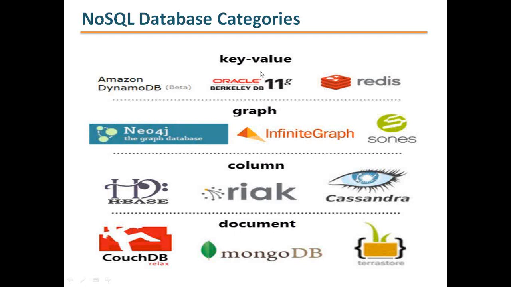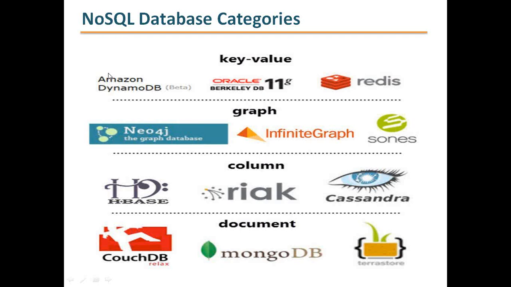Coming to key-value, the entire data is stored as key-value. Amazon DynamoDB is one of the popular databases, and Redis too. Till now I haven't seen real use cases of key-value stores, but some companies are using them, and they are also very popular.